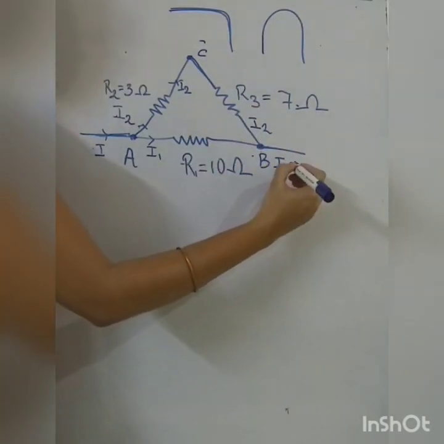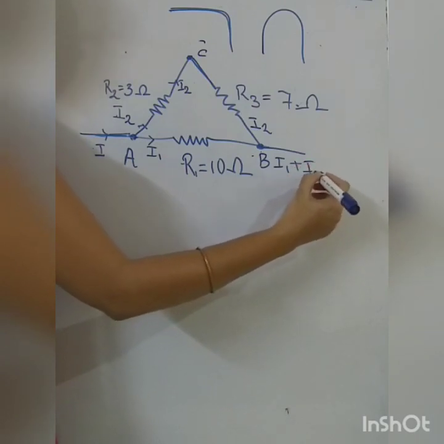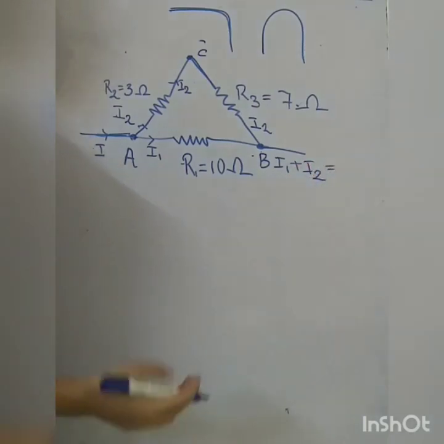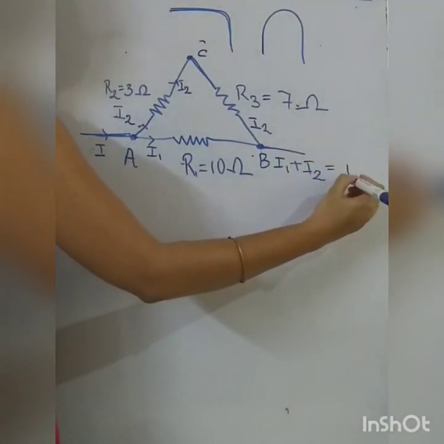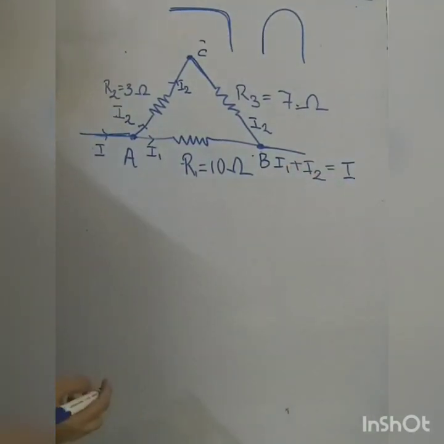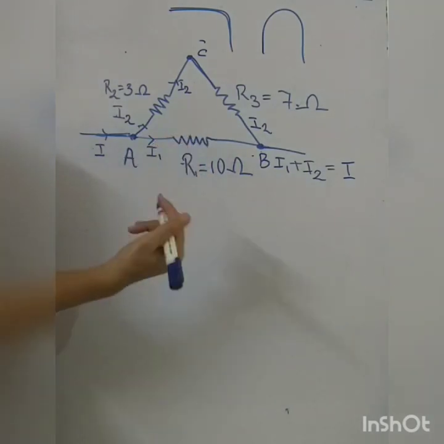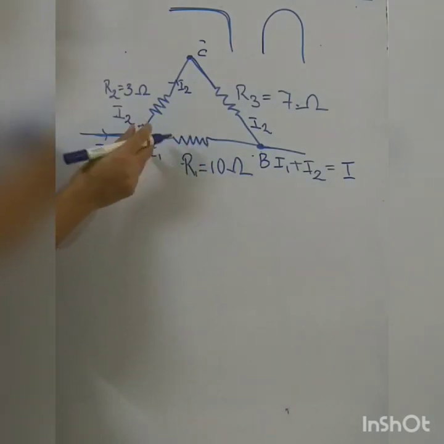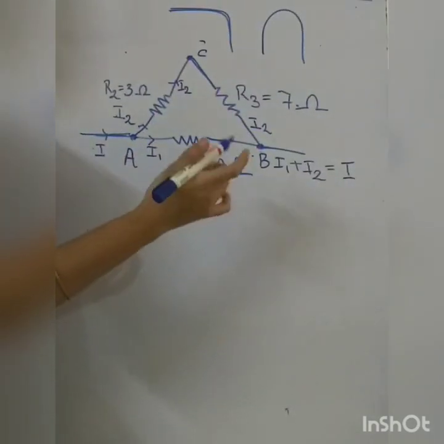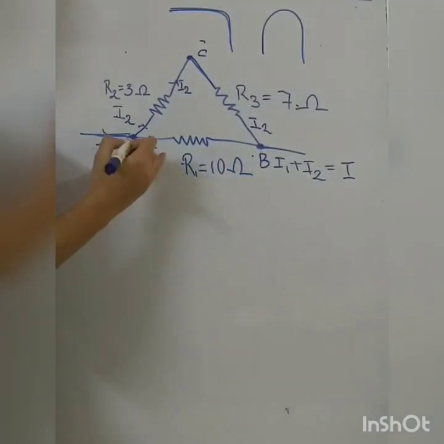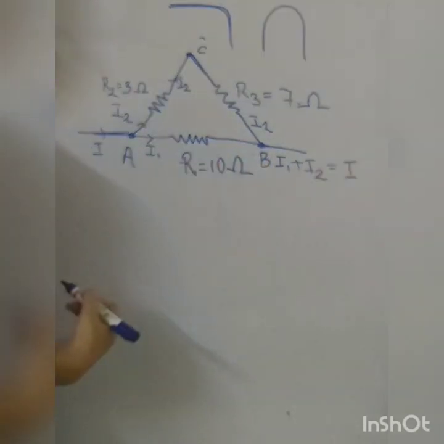So at terminal B, your I1 and I2 will get combined. They will recombine and I1 plus I2 will give you I amount of current. So now we are clear that at point A it is getting divided and at point B it is recombining. So there is parallel combination in between A and B terminal.